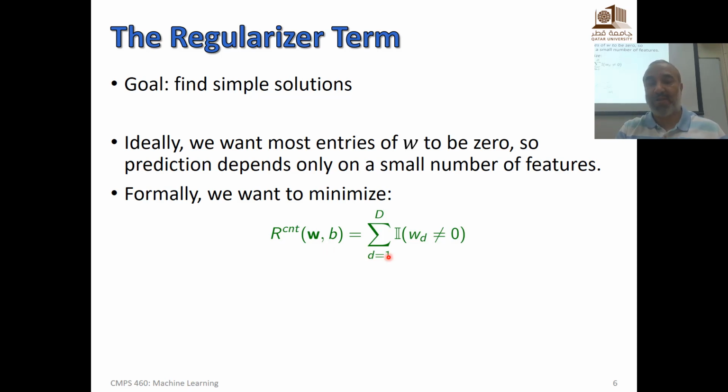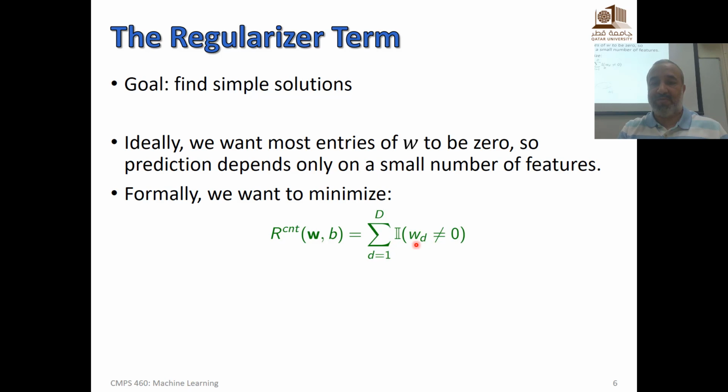We can formalize it that way. We want to minimize the number of weights that are non-zero. Let's look at this function. This is a sum over, what's capital D? Capital D is the number of features. So this is a sum over the features, and this is the indicator function that we saw before.